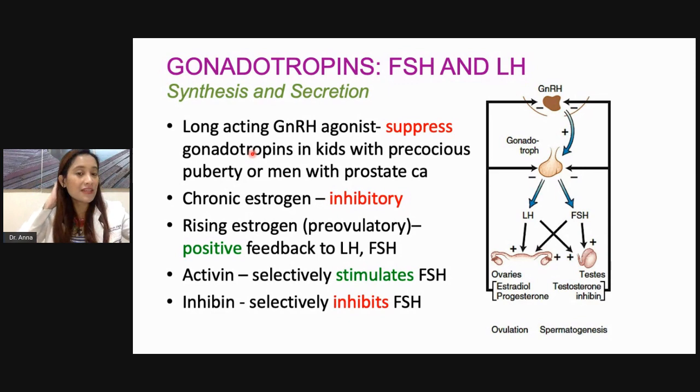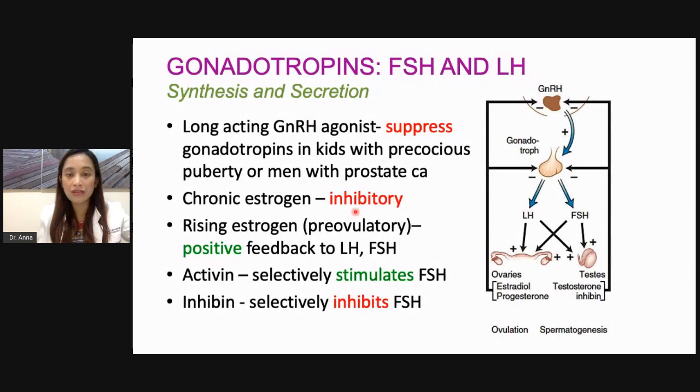Usually we give this to kids with precocious puberty or to men with prostate CA in order to suppress your sex steroid hormones, because these are usually overactive in kids with precocious puberty. And in men with prostate CA, we want to suppress the secretion of your testosterone in order to suppress the growth of your prostate cancer. So that's how your long-acting GnRH agonist works.